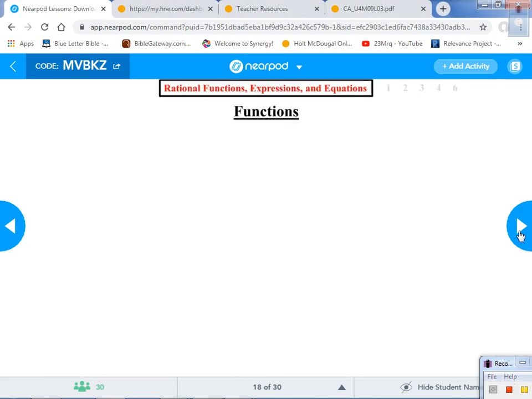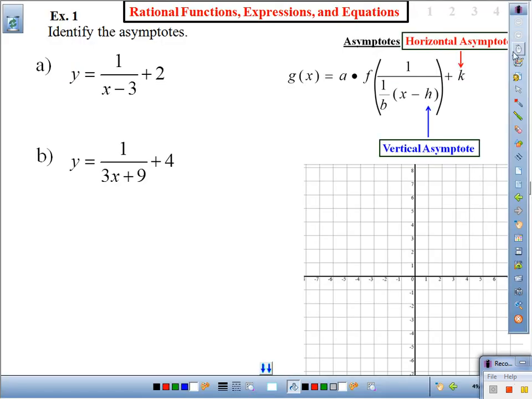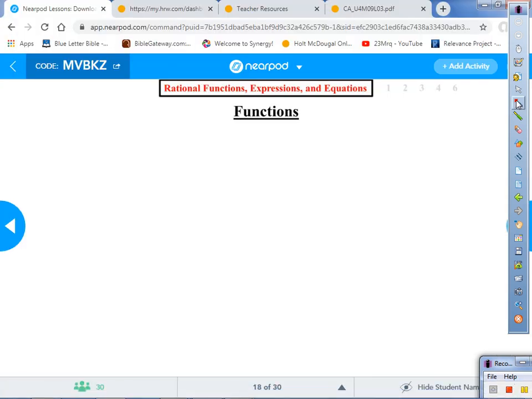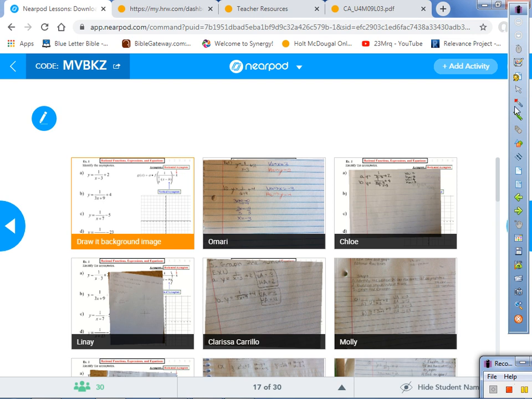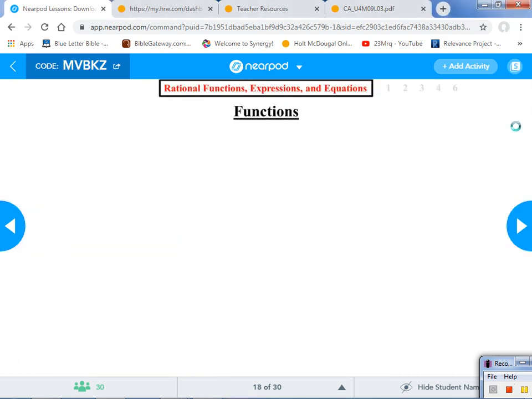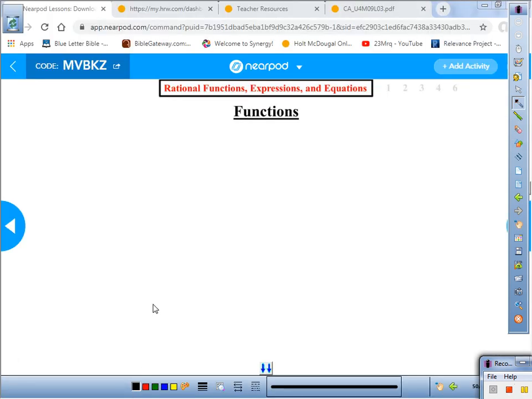So, let's recap on functions. Here we go. Look up, please. Put your utensils down. When we got to functions, I remember towards the end, I gave an overview of what the functions look like in graph form.